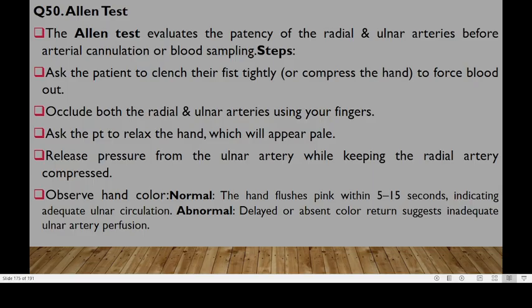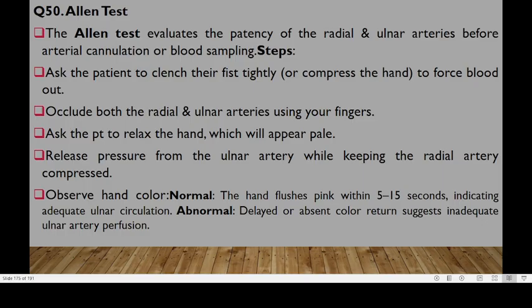From there, we occlude both the radial and ulnar arteries using the fingers. Then ask the patient to relax the hand, which will appear pale, right? So you release pressure from the ulnar artery while keeping the radial artery compressed.